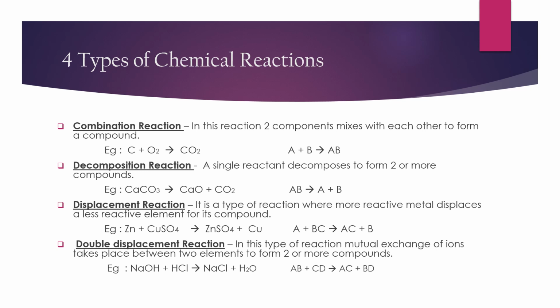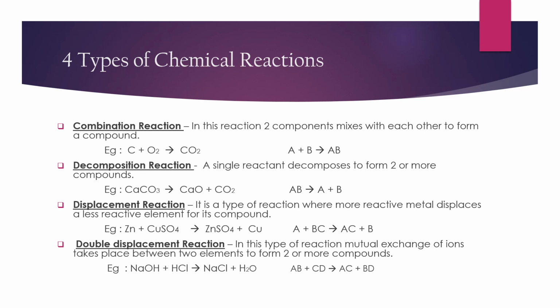On the right side, we can see A plus B equals AB. By combining the two elements, carbon and oxygen, we get the combination of both, carbon dioxide. Both are present in the product. A plus B becomes AB.